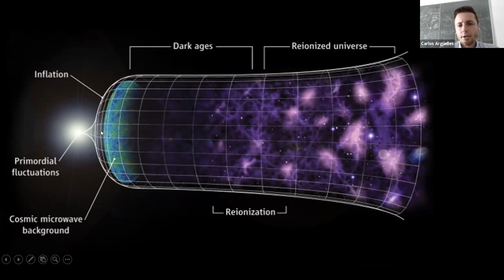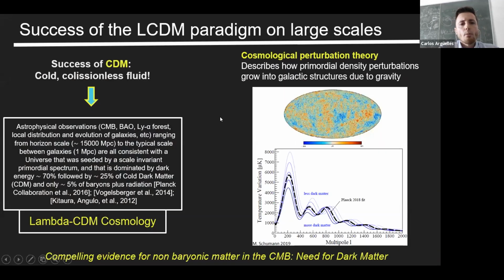Then, due to the primordial density fluctuations and the expansion and cooling of the universe, these fluctuations grew, and it generated the seeds of dark matter halos that then will act as a potential well for baryonic matter and later galaxies as we see today.